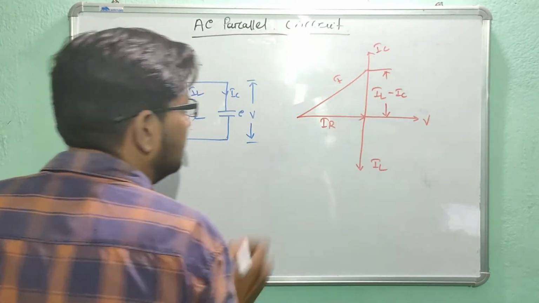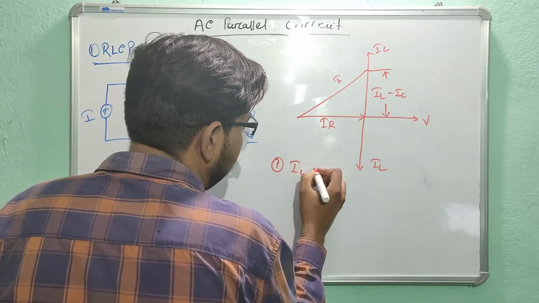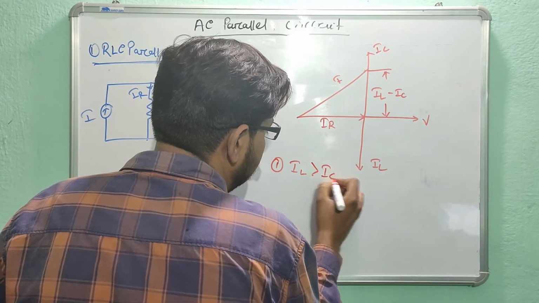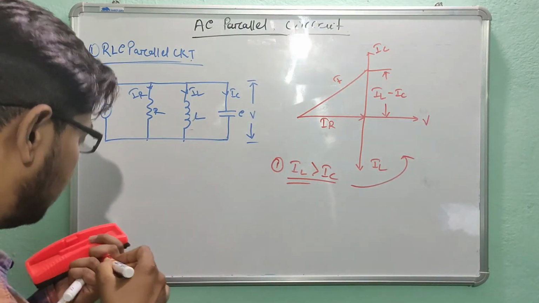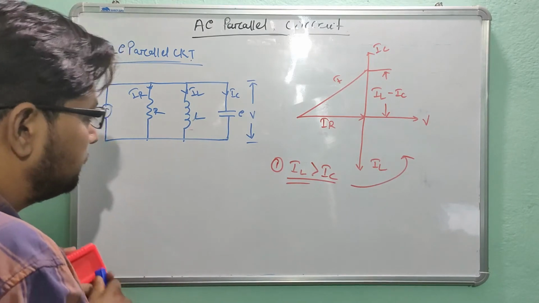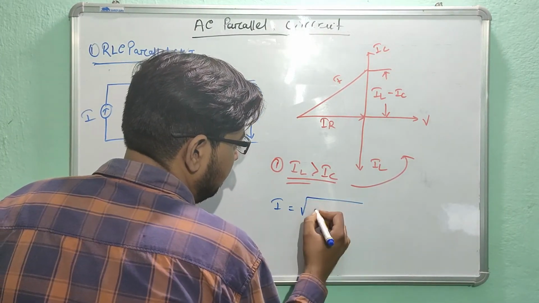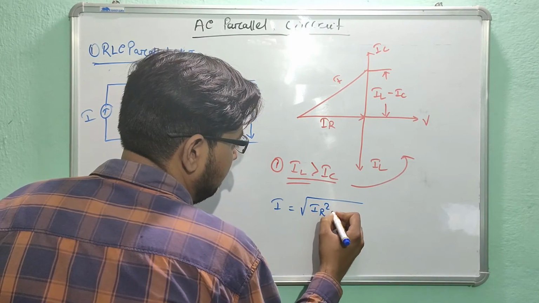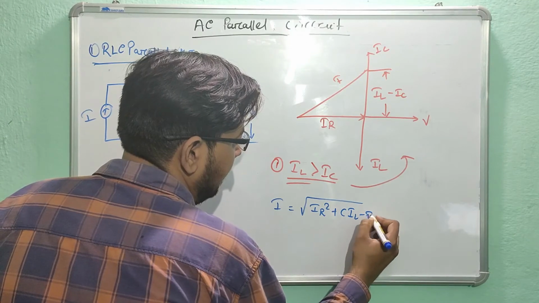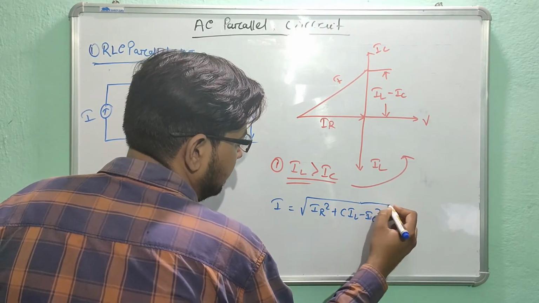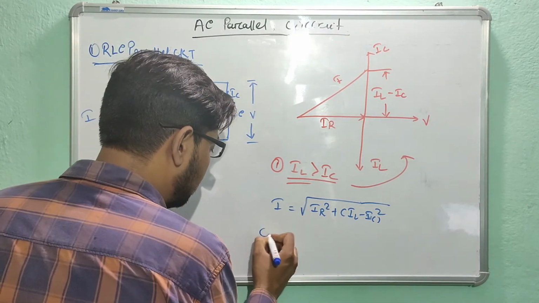So you have to take, if IL is greater than IC, this is my vector diagram. So for IL greater than IC, what is my resultant current? I is equal to root over of IR square plus IL minus IC square. So this is my resultant current.